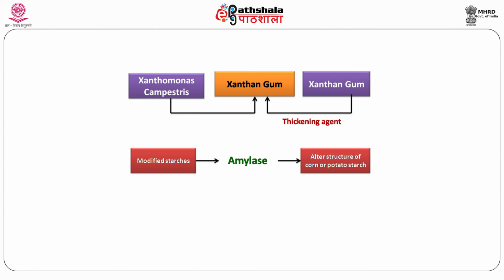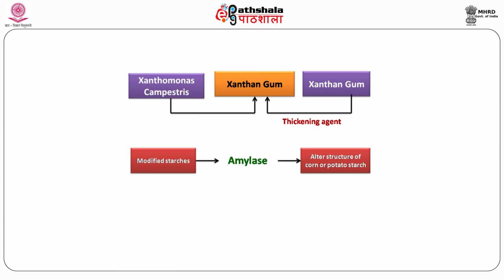Xanthan gum is an example of a microbe-derived food ingredient, and this polysaccharide is a useful thickening agent which is used in salad dressings and other processed foods. It is produced by Xanthomonas campestris, a common bacterium. Modified starches are another group of common food ingredients.